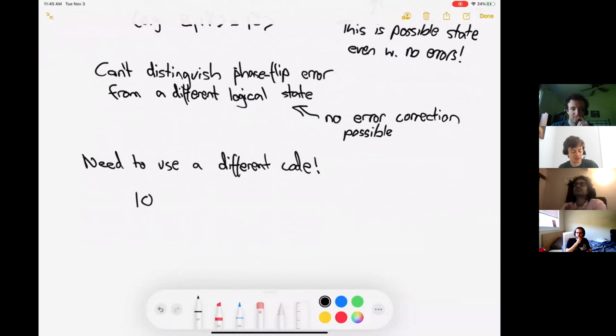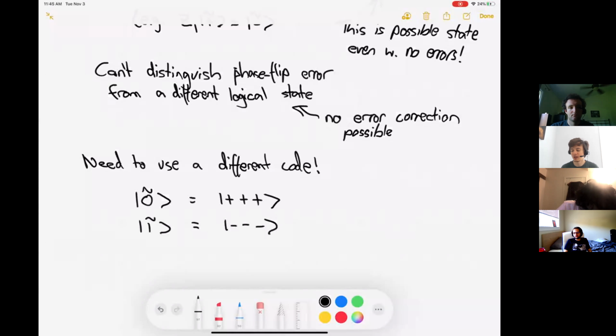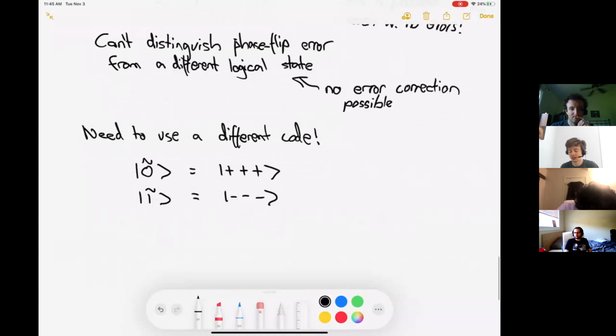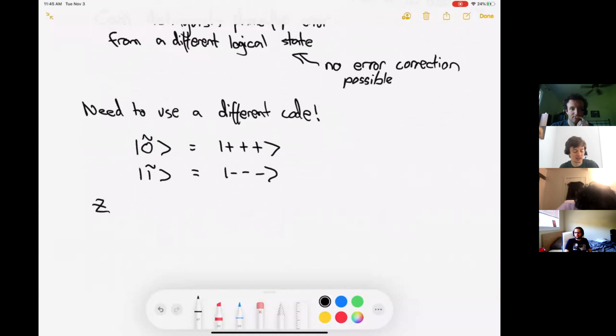So let's just encode the 0 state as plus, plus, plus, and the 1 state as minus, minus, minus. And then we're going to be protected from Z gates acting on one of these 3 qubits in exactly the same way that we were protected from bit flips before.